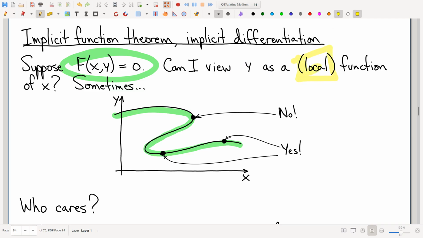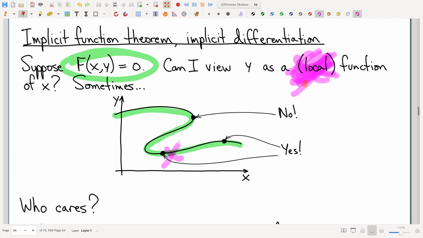The question I'm going to ask is locally. To the global question, if I were to say, in full generality, is this a graph? Well, obviously not. It fails the vertical line test. Instant loser. But that's not the question I'm asking.